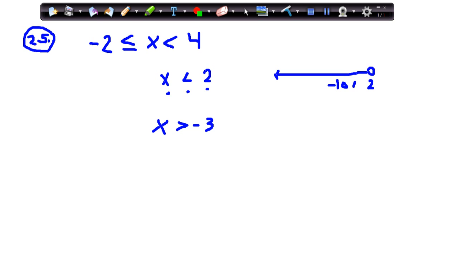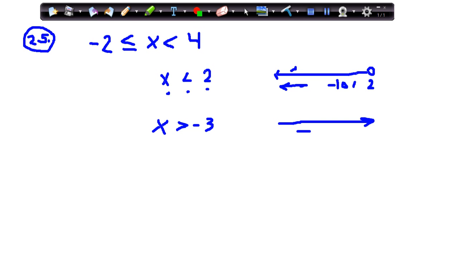Notice that the greater than symbol, even on the line graph, the dark line for greater than, like it should, points to the right. Whereas up here, the less than symbol, the dark line goes to the left. You see that line right here? It's going to the left because it's less than. But the greater than right here is pointing to the right.